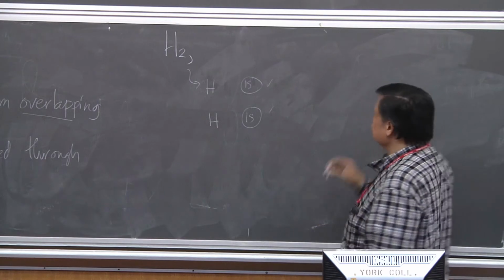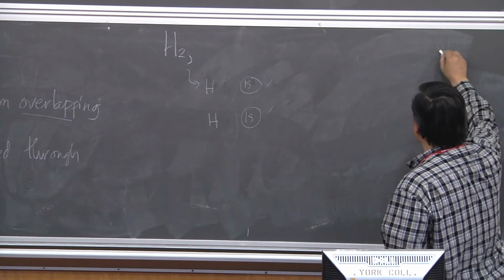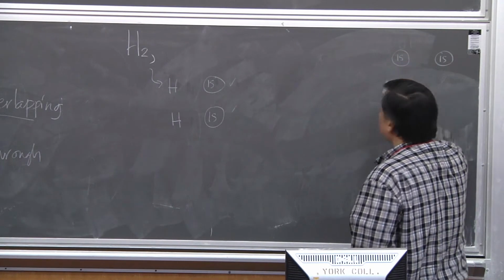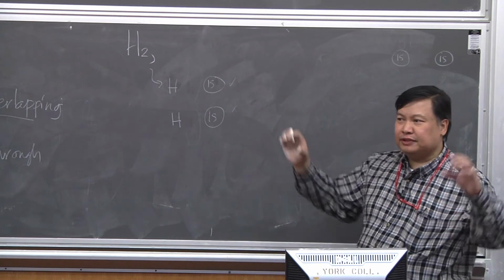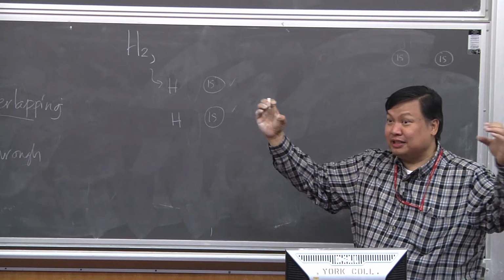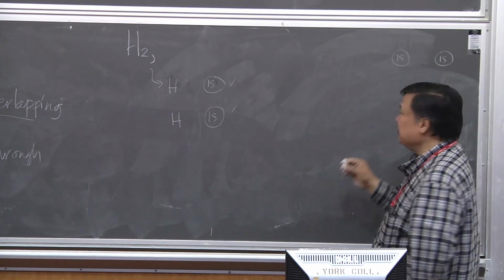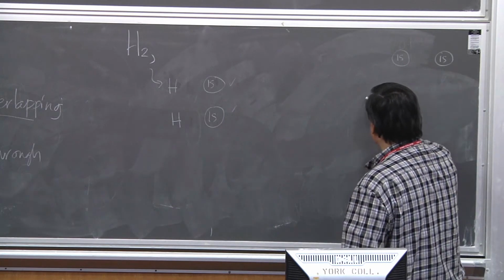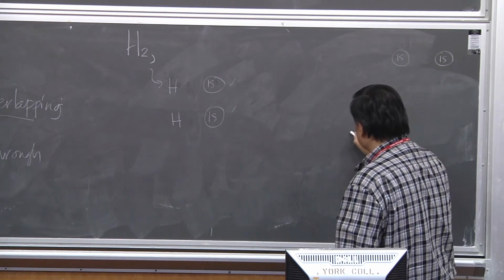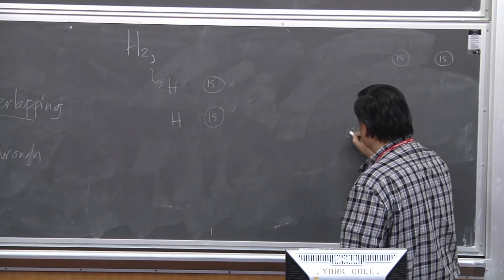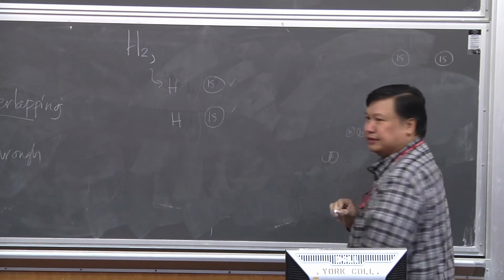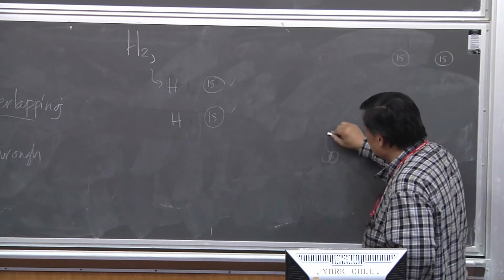Now, the other part of the definition: I start with these two 1s's, and when I form a bond, what happens to them? Are they going further away from one another or starting to come together? They start coming together, closer and then closer, until they form the bond. So here's the bond formation.